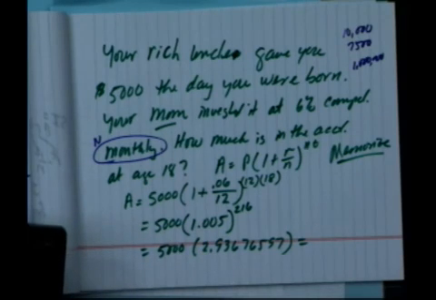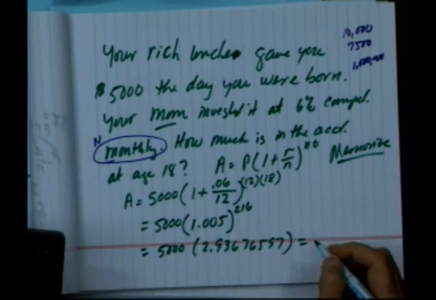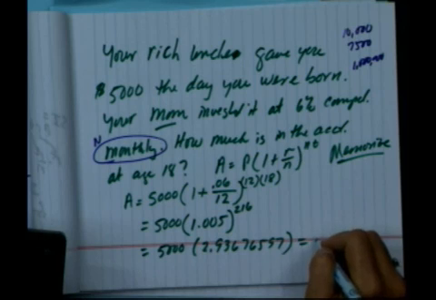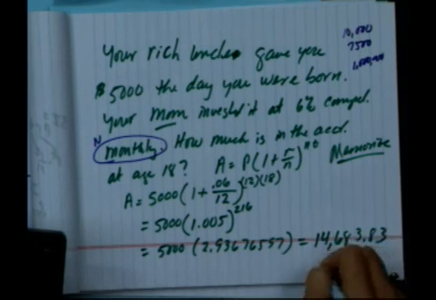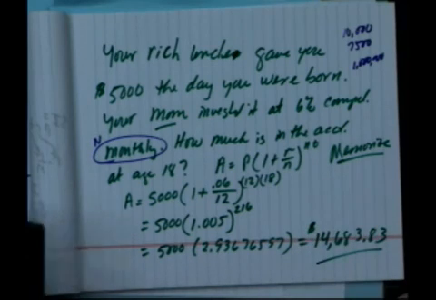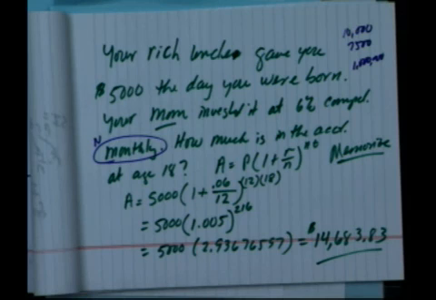Times 5,000. Ooh, I did it too many times. Somebody double check me. I got 14,683.83 about. Does that sound good? Yeah, 83. Okay. All right. So they gave you $5,000.